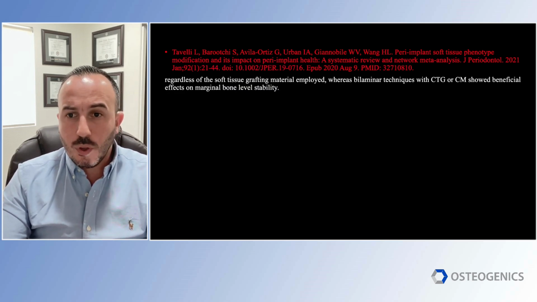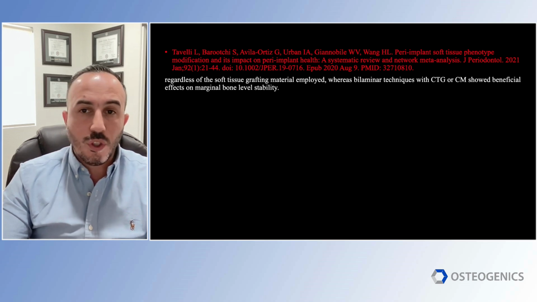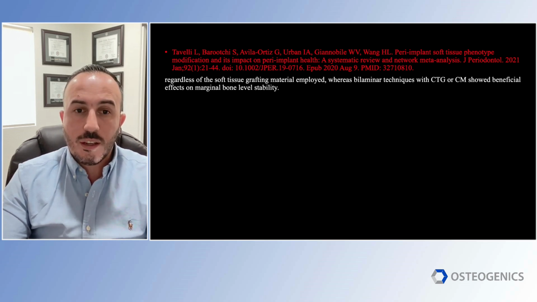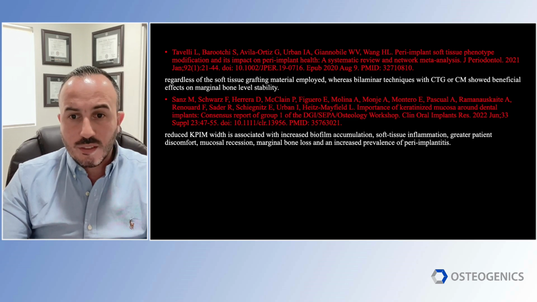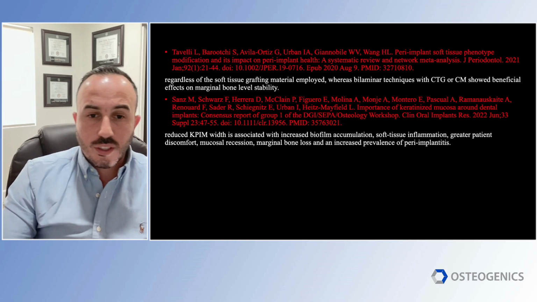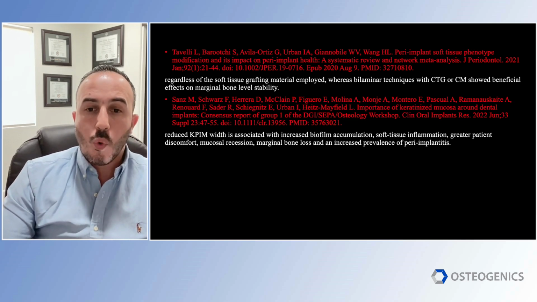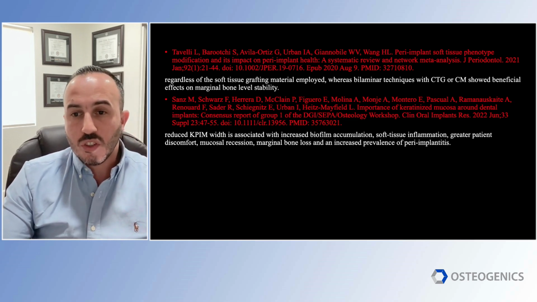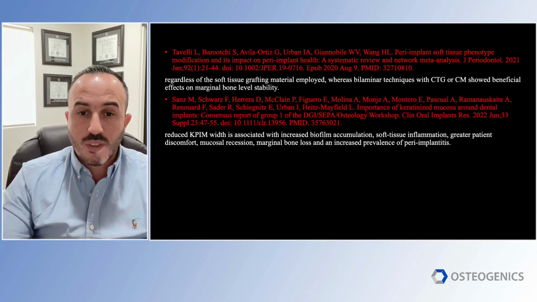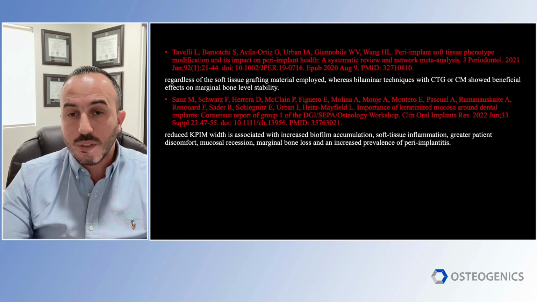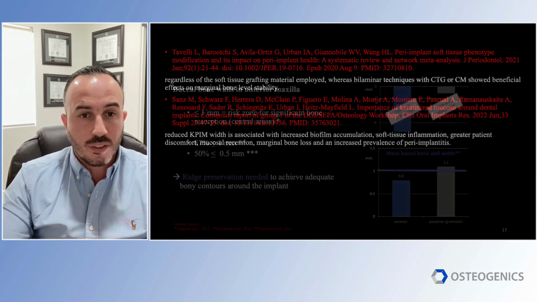Dr. Tavelli's group also looked at the peri-implant phenotype, and whatever technique we use for soft tissue augmentation helps with marginal bone level stability. Mariano Sanz and others from the Osteology Consensus Workshop found that with reduced keratinized tissue, we see more biofilm accumulation, soft tissue inflammation, more patient discomfort during brushing, more recession, and increased risk of peri-implantitis.